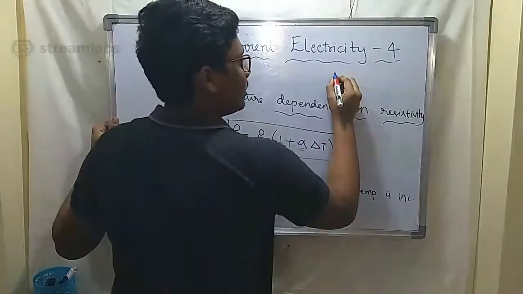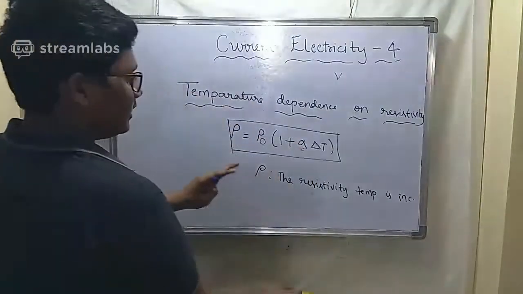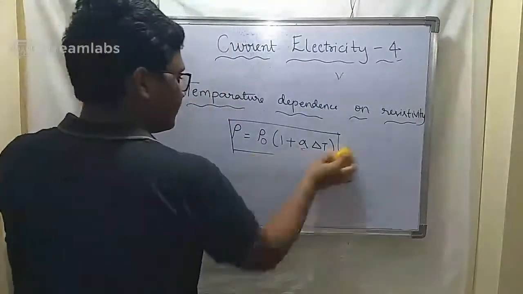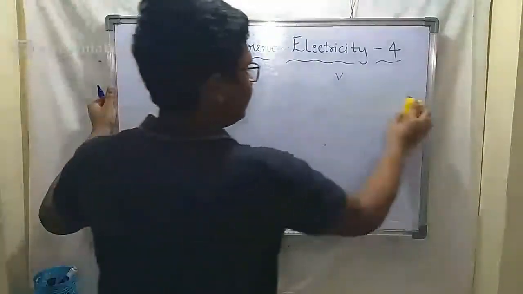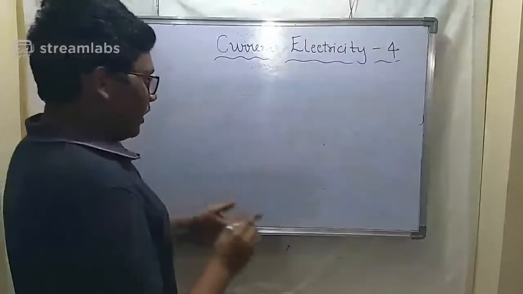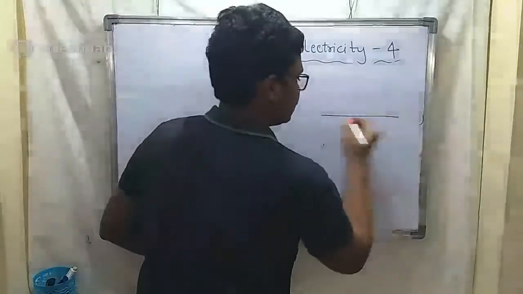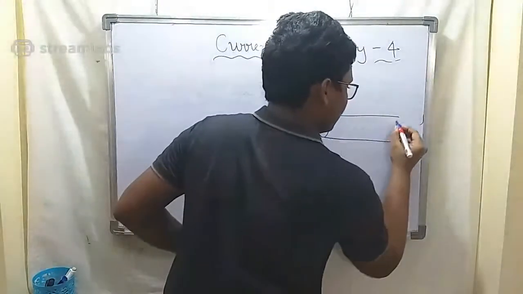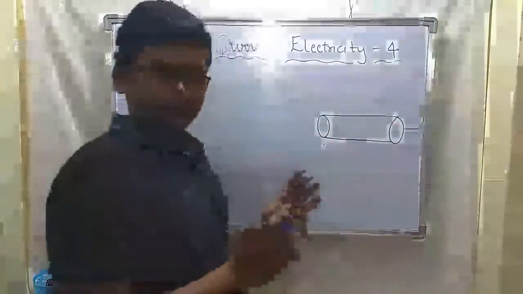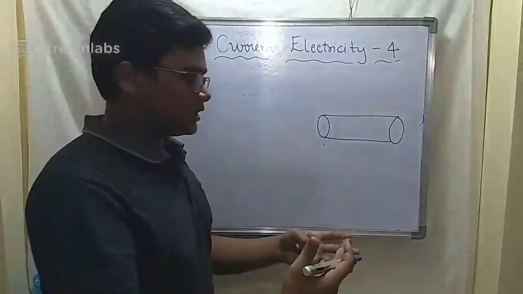Wait, once I'll say one small thing. One small thing I forgot that I should say now. When the conductor is at normal temperature, that is also temperature dependence.